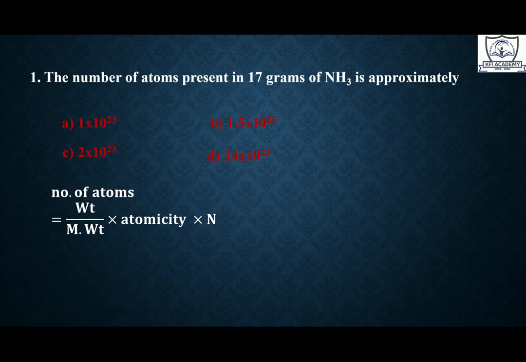So N, that means number of moles, is given mass 17 gram over molar mass of ammonia 17 gram, into, because they are asking atoms, atomicity. One molecule of ammonia has 4 atoms. So 4 into Avogadro number. The 17 will get cancelled. So 4 into Avogadro number is approximately 24 into 10 power 23. So the option is D.